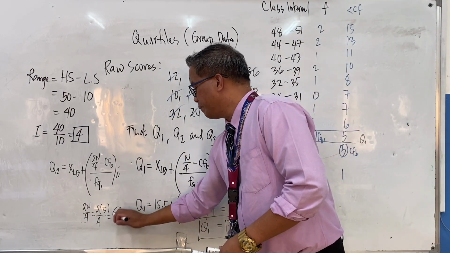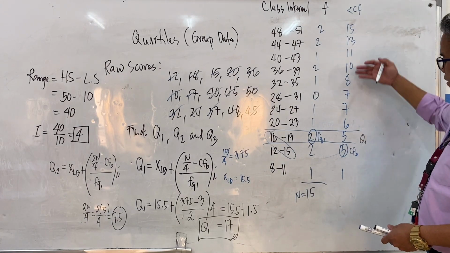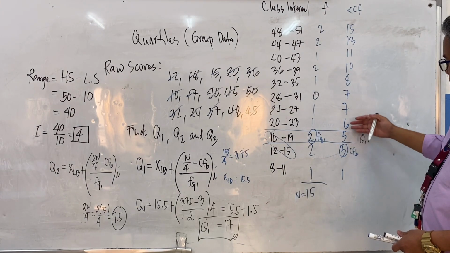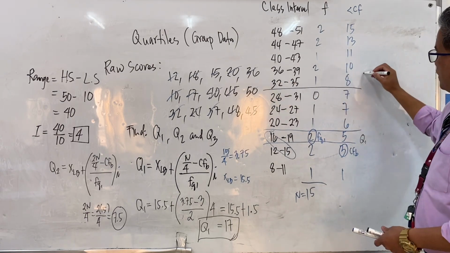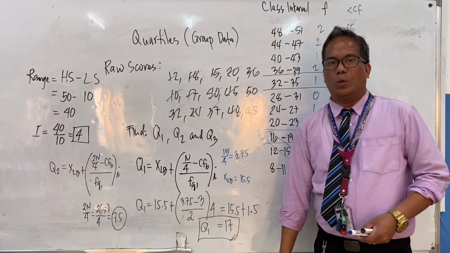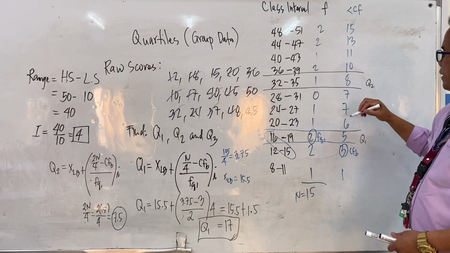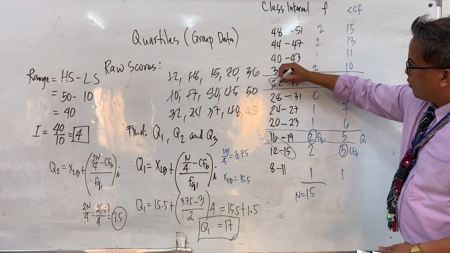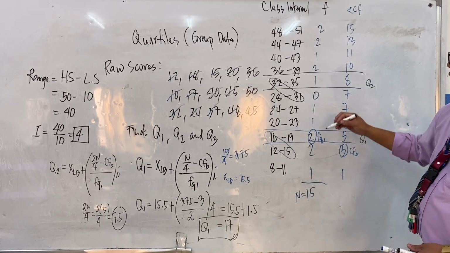7.5. So from that 7.5, using the CF greater than 7.5 here, we can find the Q2, the second quartile here. So for Q2, we can find it here. So this will be your XLB.